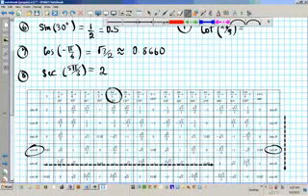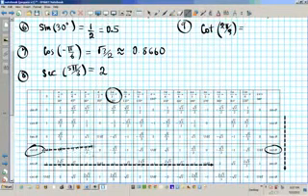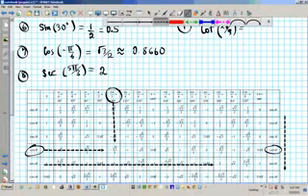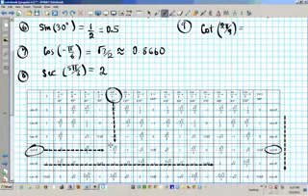So basically, cotangent goes all the way there, and then 2 pi over 3 goes down, and there goes your intersection. So your answer is where they intersect, which is right here. So cotangent 2 pi over 3 is equal to root 3 over 3, actually negative root 3 over 3.